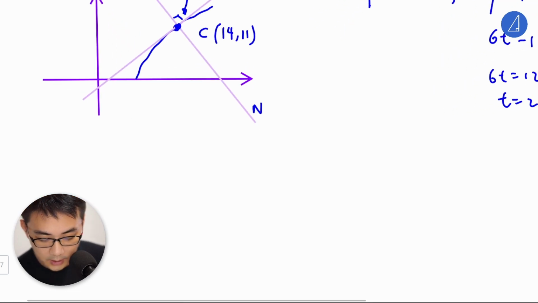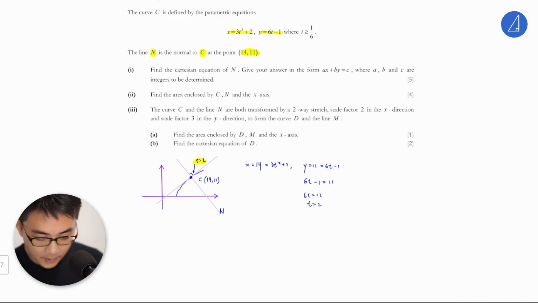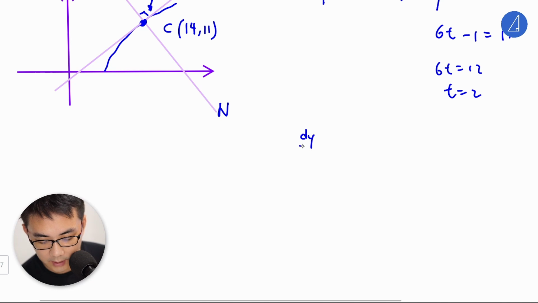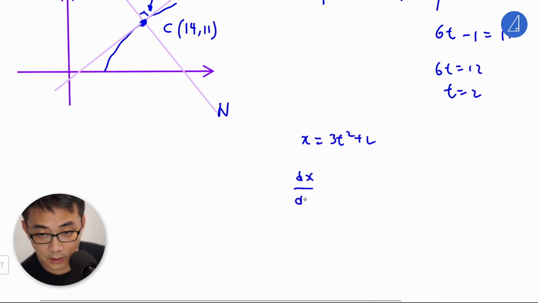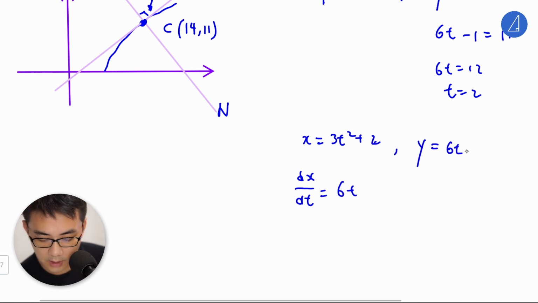Once you've done that, what we need to do next is find the gradient. This is dy/dx. This is line n here. We need to find the gradient of this normal, so we find dy/dx first. For x equals 3t squared plus 2, dx/dt will just be 6t, and for y equals 6t minus 1, dy/dt is 6.